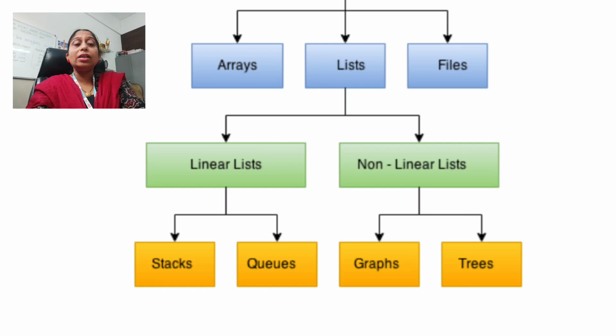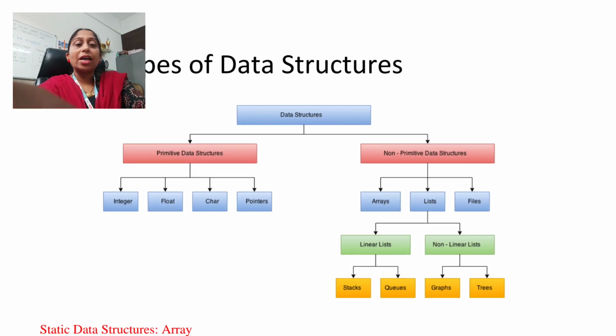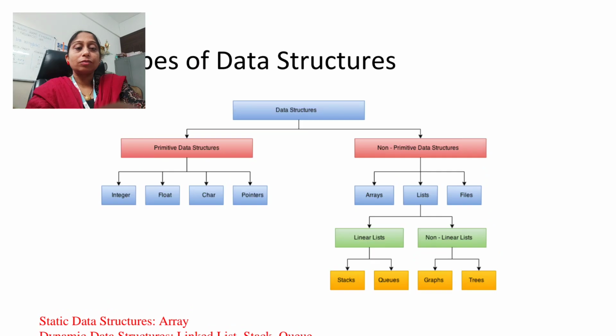Stack and queue come under linear list, because whatever we insert into the stack, we can access in a particular way, one after the other. Non-linear lists are randomly allocated and can be accessed in different orders, as in a graph or trees. So these are examples of the types of data structures.